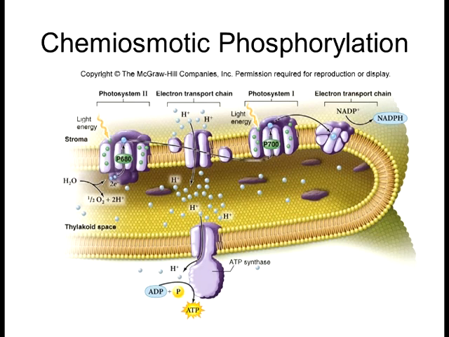But you do need to know this. Chemiosmotic phosphorylation makes ATP. Okay? Chemiosmotic phosphorylation is what I just explained to you, that's how ATP is made. This is exactly how it's made in our mitochondria as well. The only difference is it's not made with chloroplast, it's made with mitochondria. Okay? This process, chemiosmotic phosphorylation.